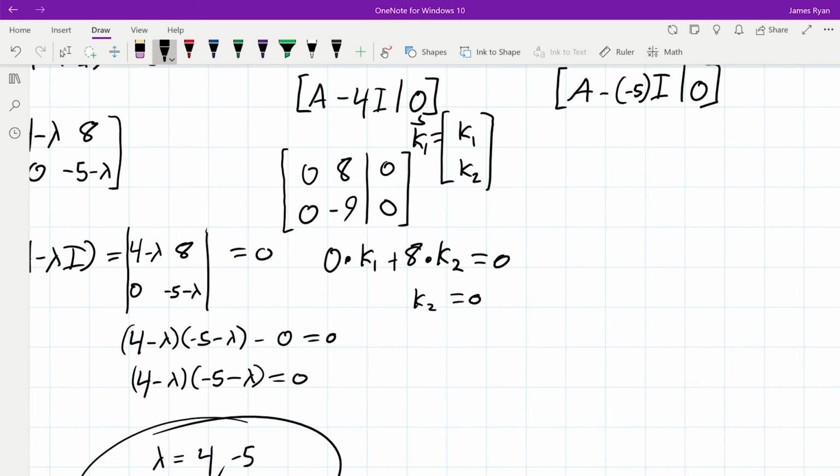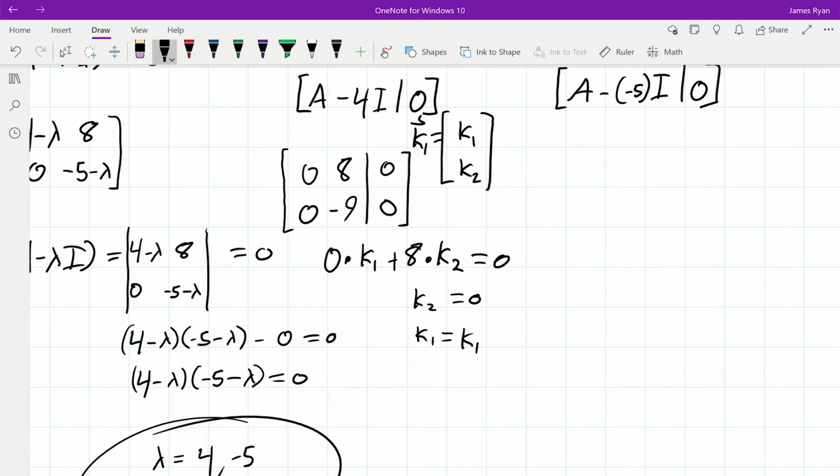And k1, we don't have enough information to determine, so it could be any number, so I'll just call it k1. So now to form the eigenvector, we don't want to just call it any number, because when we find these eigenvectors, every eigenvector will have at least one parameter.